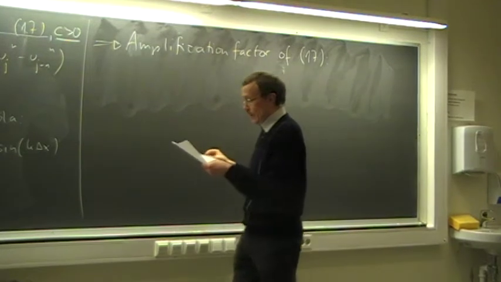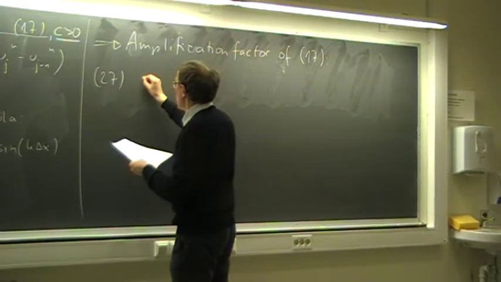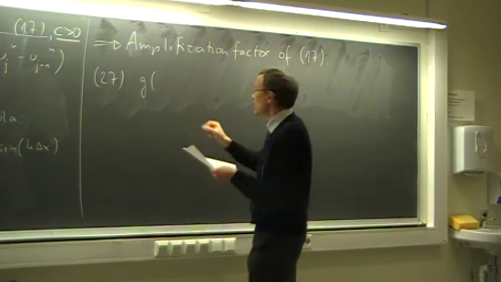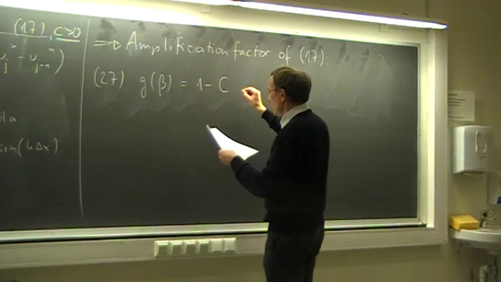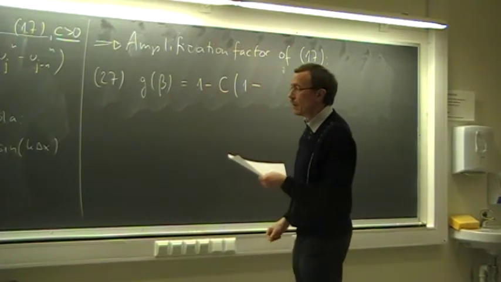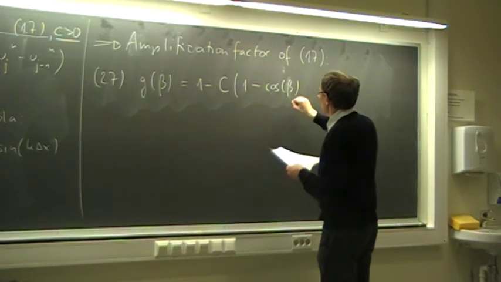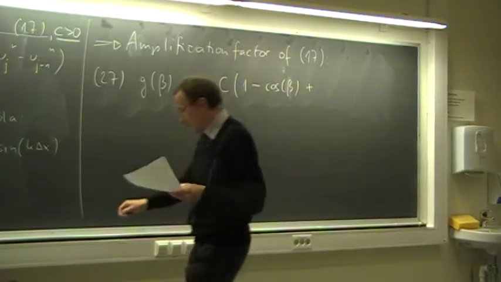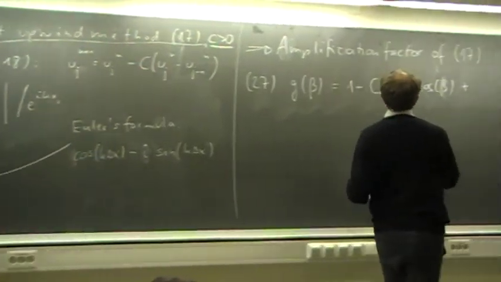This form is then g of k delta x, and instead we write beta, is 1 minus the Courant number, and then we have 1 minus, then we take a cosine, so we write beta for k delta x, and then we have here a minus from this, but in front we have also a minus.